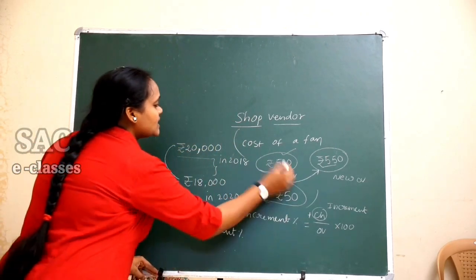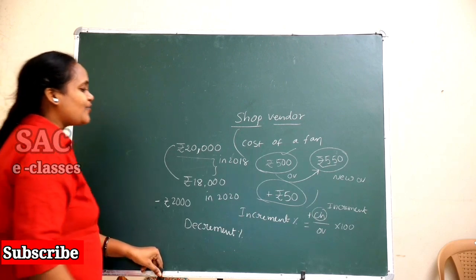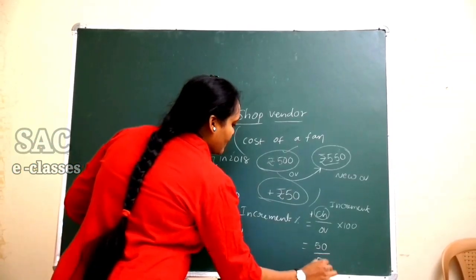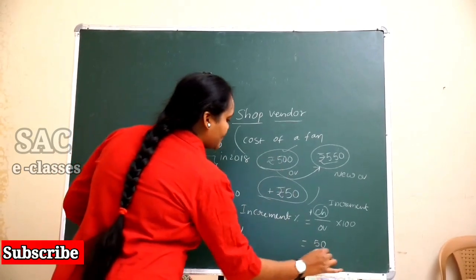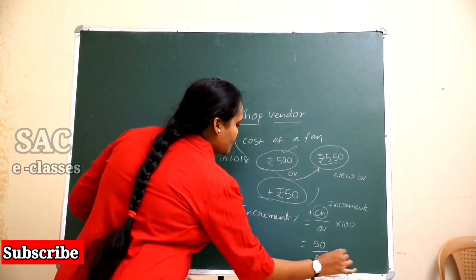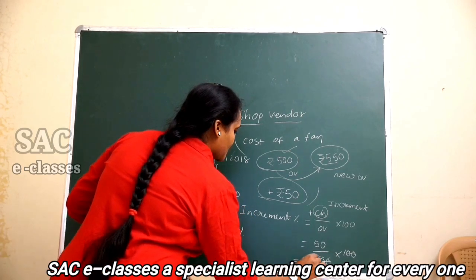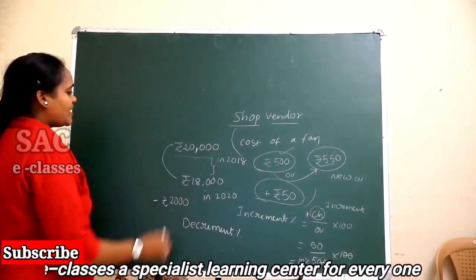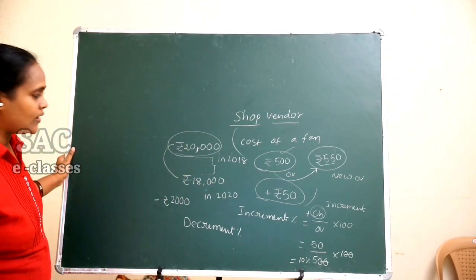Coming to the example of the fan, what can you say? The change is 50 rupees, the original value is 500, into 100. So the change is 10%. Coming to the scooter, what is the original value and what is the new value?